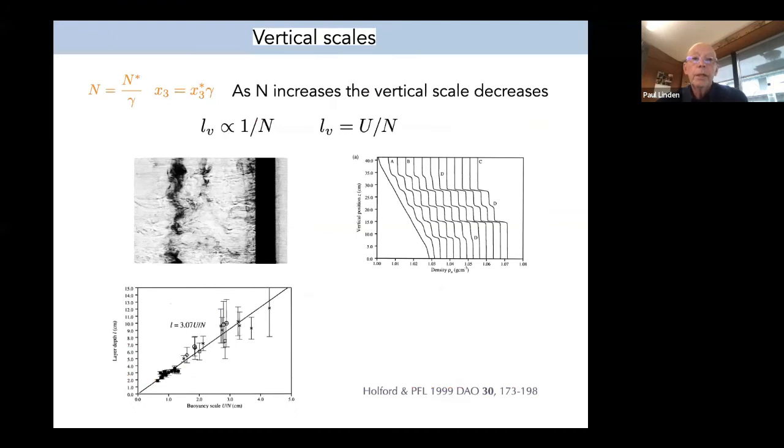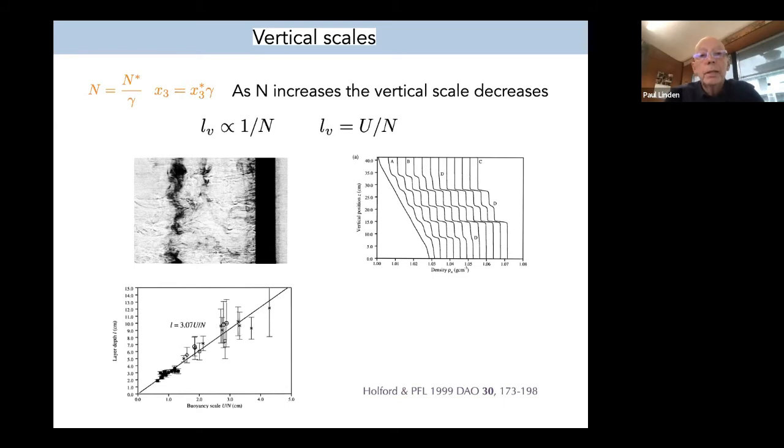So that means, for example, that as you increase N, because of this scaling, and this is the Z component, you expect the vertical scale of the motion to decrease. It's what you expect: as you make the flow more stratified, the vertical motions are inhibited, making it more difficult to move vertically.